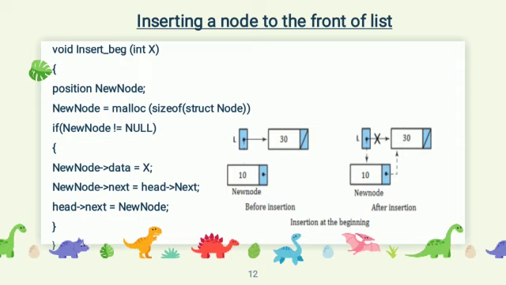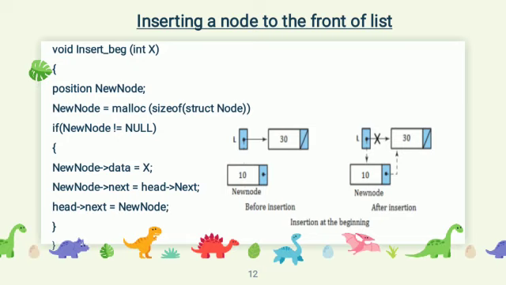Then, I write my function name as insert begin. Here, the input is the x value, that is, the data to be inserted into the new node. First, we declare the position for the new node. Then, we allocate memory for the new node by using the malloc function. If memory is not enough, then we are not able to insert a new element.